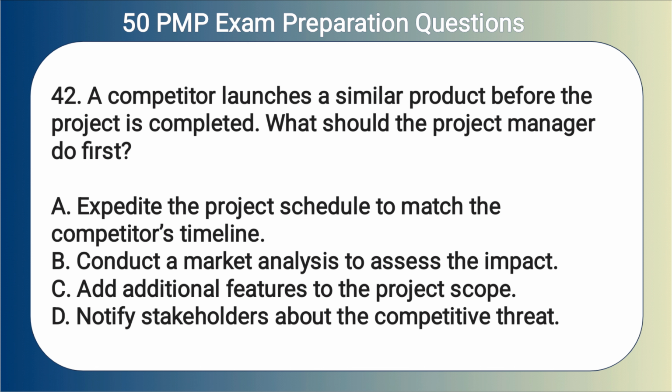42. A competitor launches a similar product before the project is completed. What should the project manager do first? A. Expedite the project schedule to match the competitor's timeline. B. Conduct a market analysis to assess the impact. C. Add additional features to the project scope.